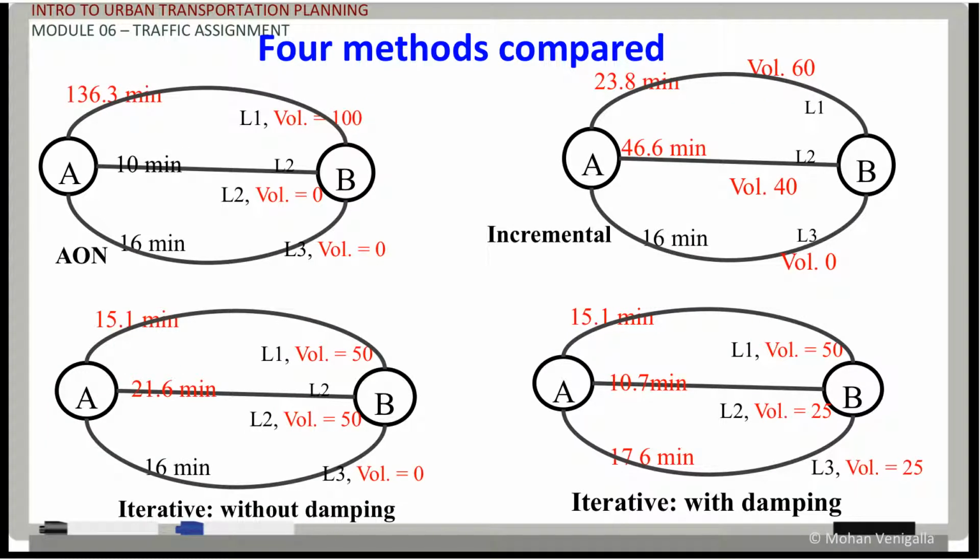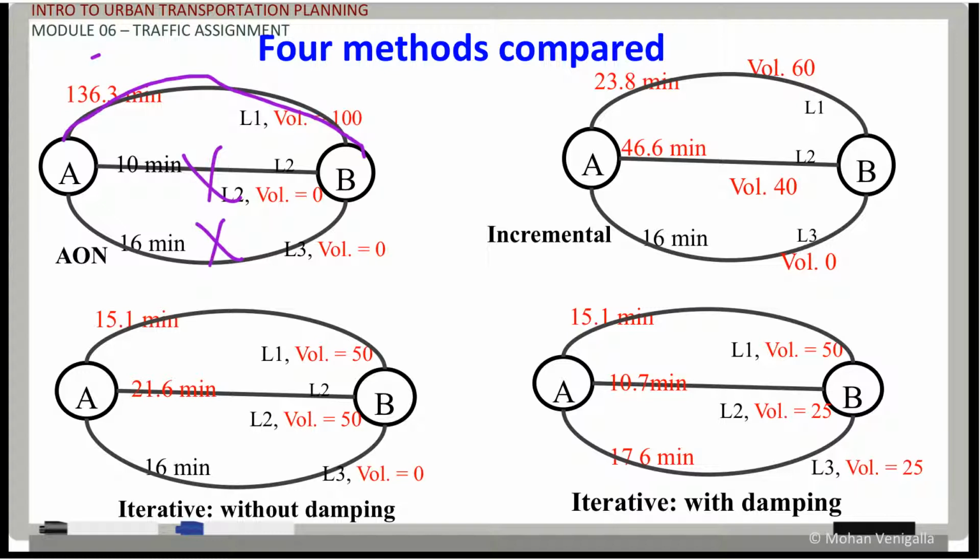So take a good moment to look at the final assignments using each method. The very first one we did was all or nothing. Everything went on this route and nothing on this, nothing on this. But that jacked up the travel time on link 1 to 136.